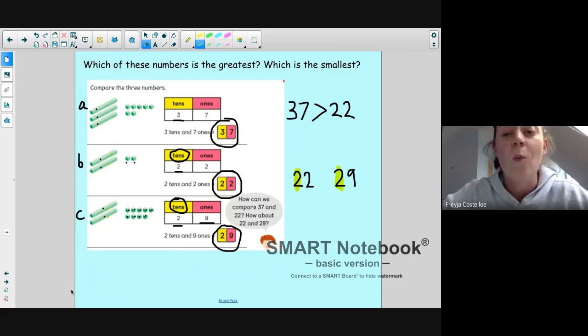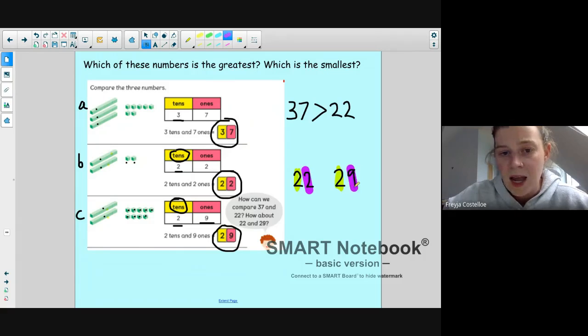We need to look at the ones, don't we? So we know we've got the same here, 2 tens, 2 tens. Now we are going to look at the ones. So let's highlight the ones. We have got 2 ones here and 9 ones here. Which of those numbers are bigger, 2 or 9? It's 9, isn't it? 9 is a greater number than 2.